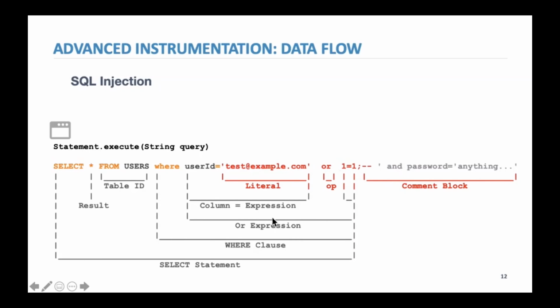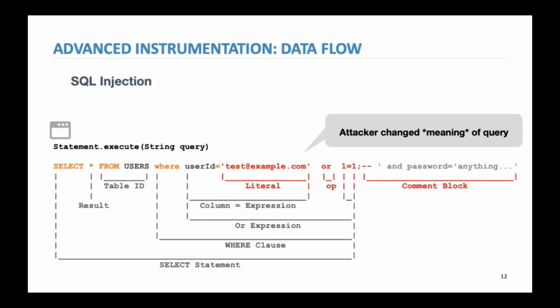It closed that string literal and started a new OR expression. That's what should never happen. That's the problem. And so that's where we can use instrumentation to intervene and stop this attack. We can report the details on who it is and where they're coming from. And if it's a compromised user account, we could even potentially block their account.